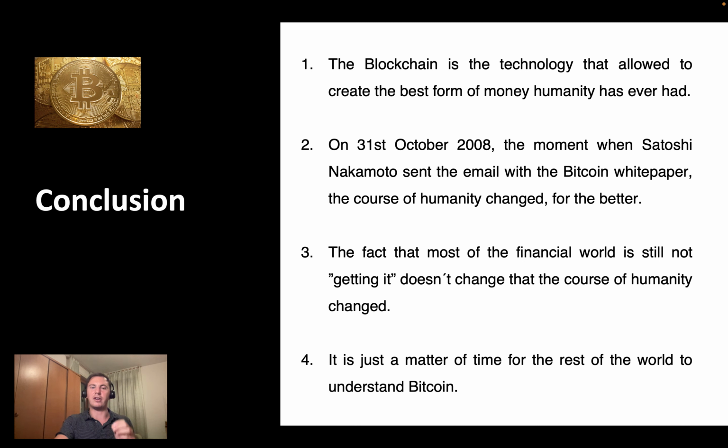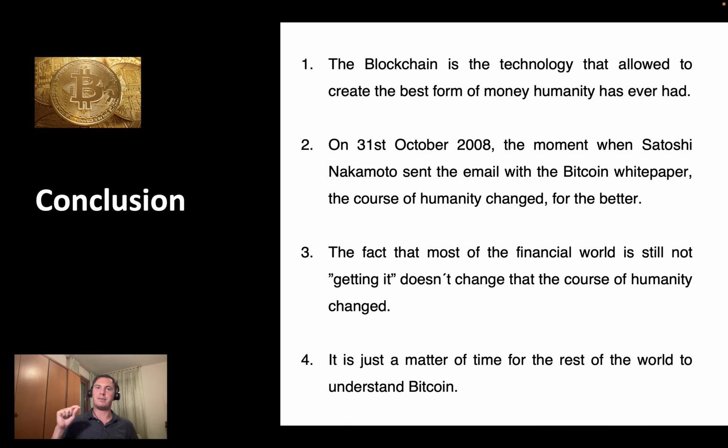And it's very important: on the 31st of October 2008, the moment when Satoshi Nakamoto sent the email with the Bitcoin white paper to the cypherpunk community, the course of humanity changed for the better, because humanity will flourish thanks to having better money.